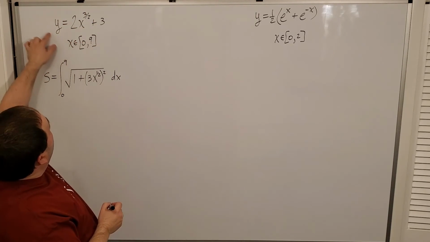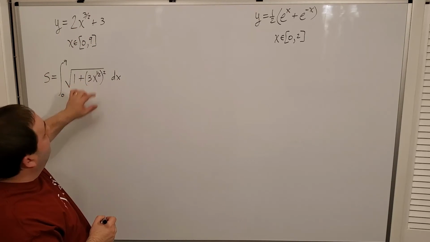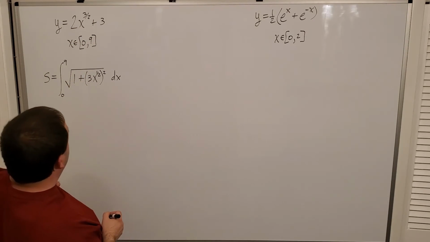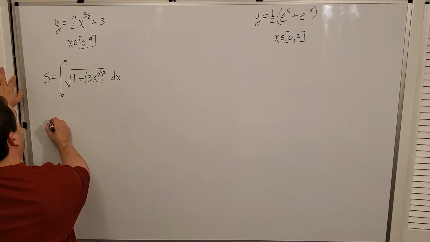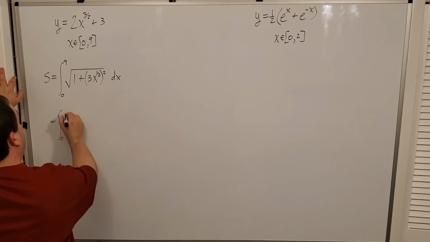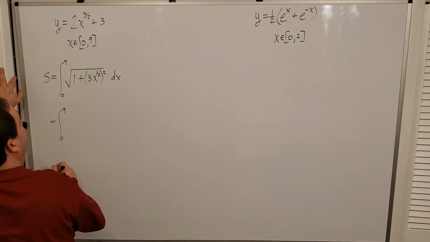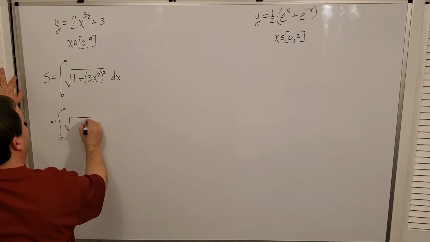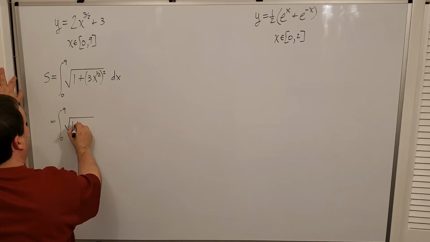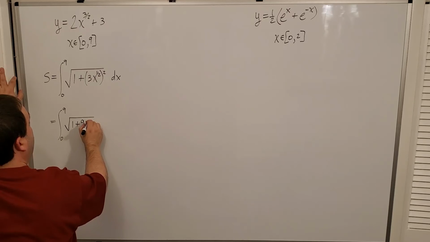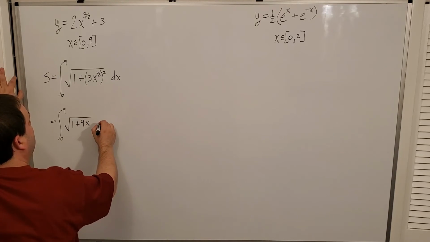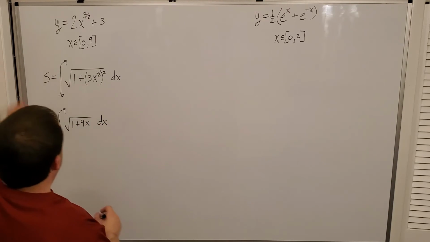So I took the derivative, right? And then I plug it into the formula. So then the length, integral from 0 to 9, let's see, I've got square root of 1 plus 9x times dx.